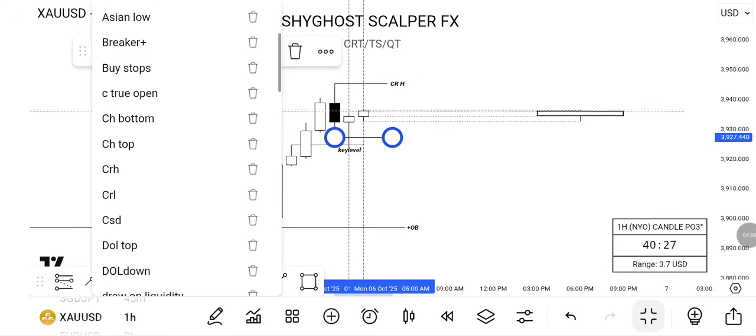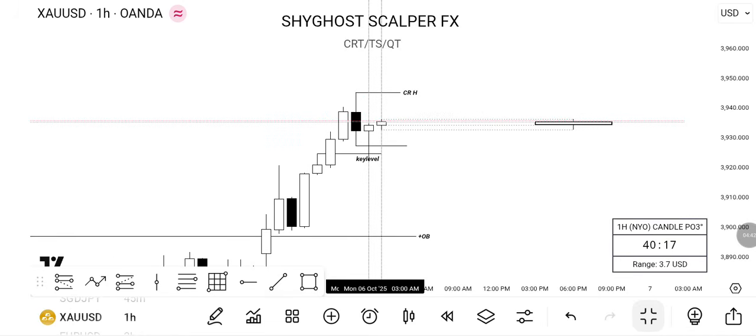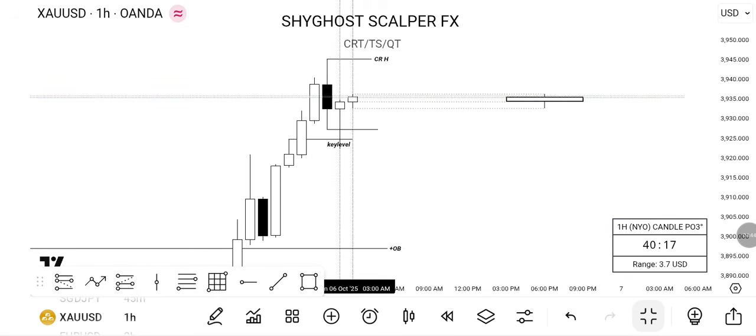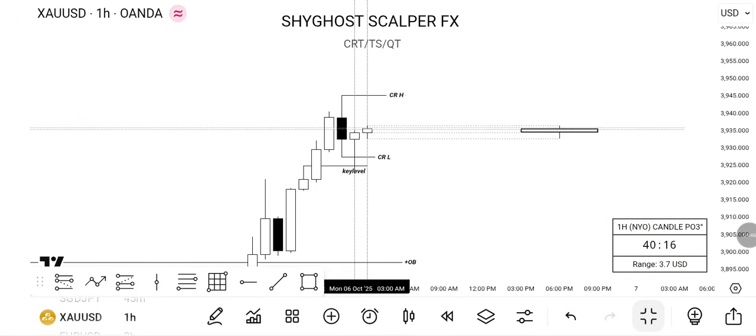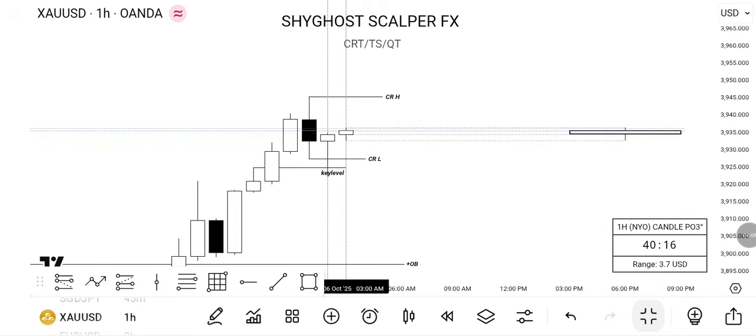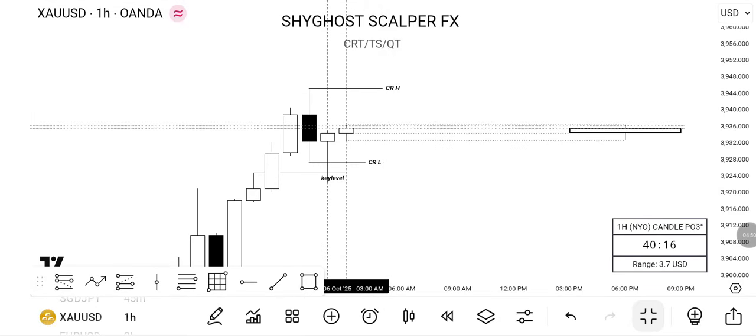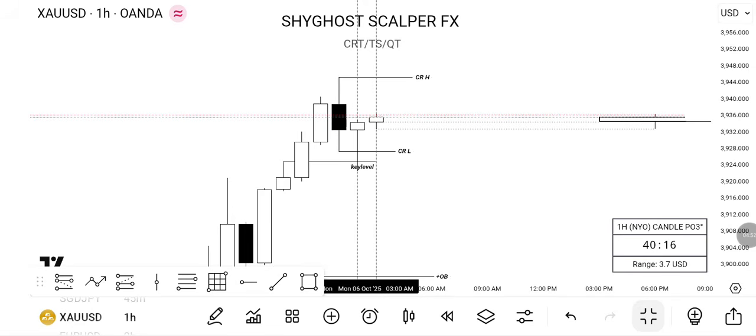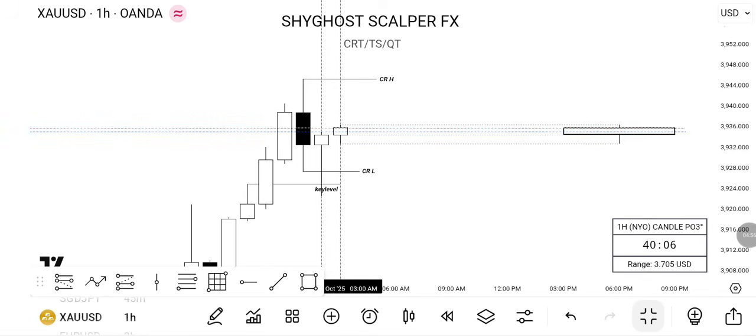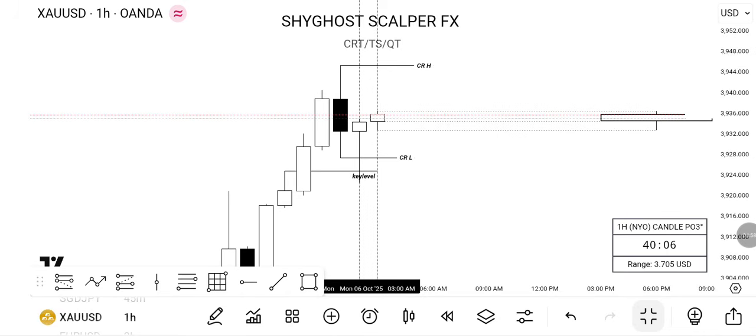First target is 50% of this range, right? So now, as we got this, we're gonna drop down to the M5 time frame, which is gonna be our entry time frame.